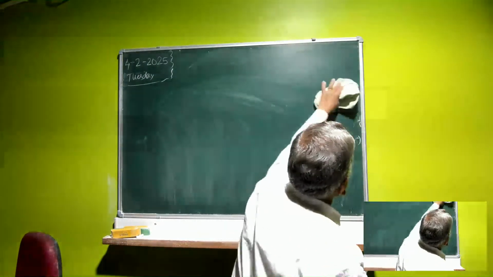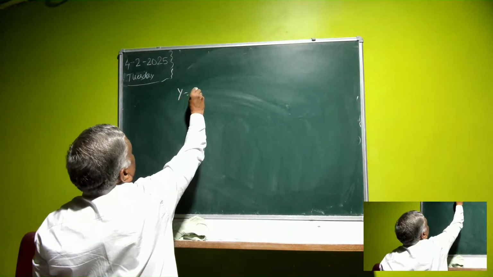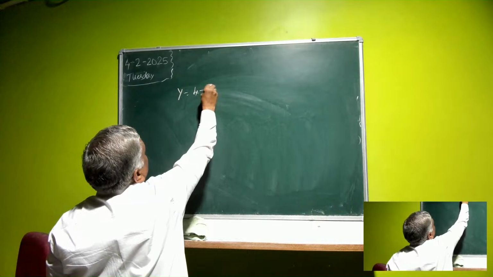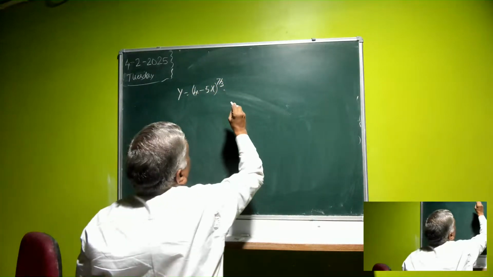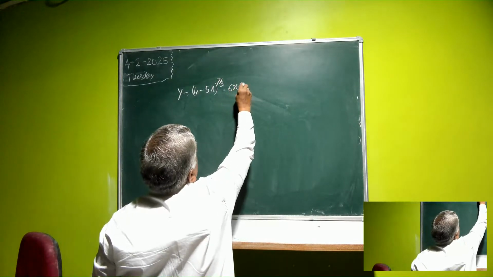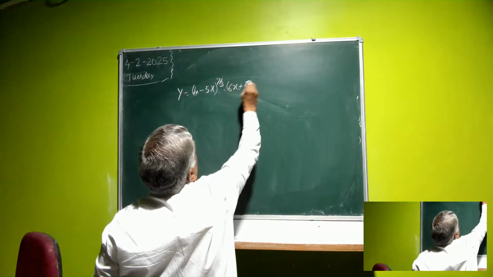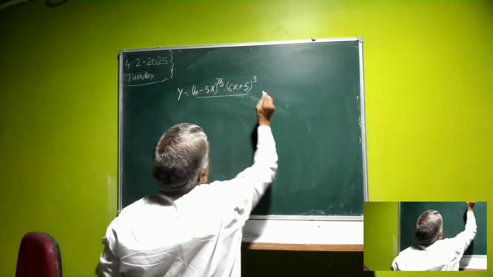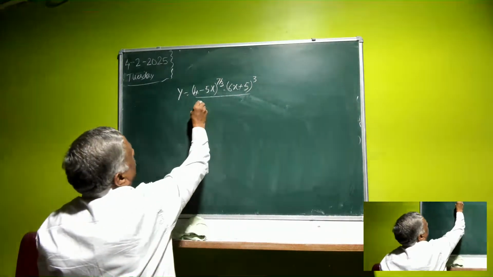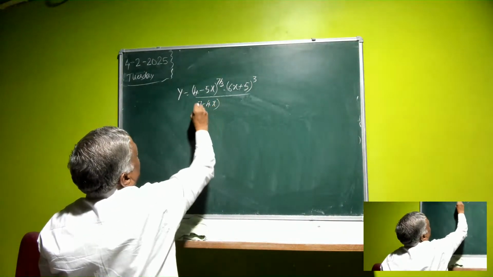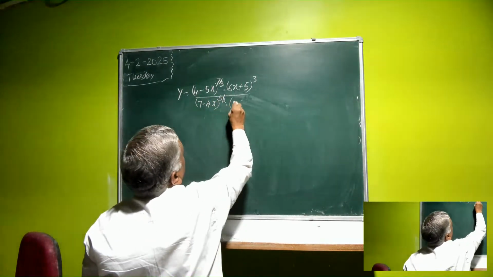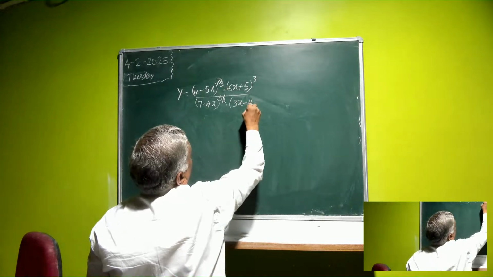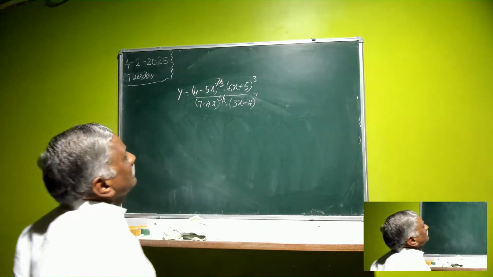I will take a problem with fractions. So y is equal to (4 minus 5x) to the power of 7 by 3 into (6x plus 5) to the power of 3, over (7 minus 4x) to the power of 5 by 2 into (3x minus 4) to the power of 7.